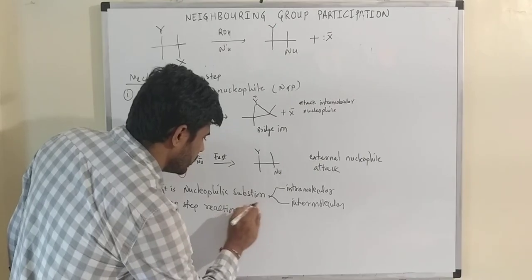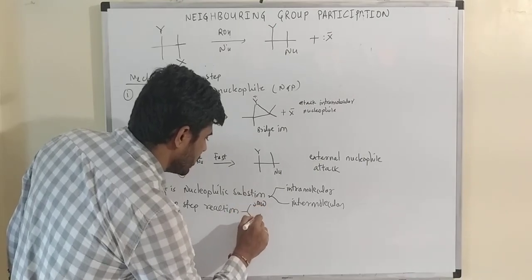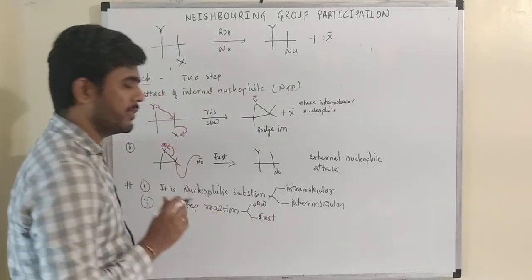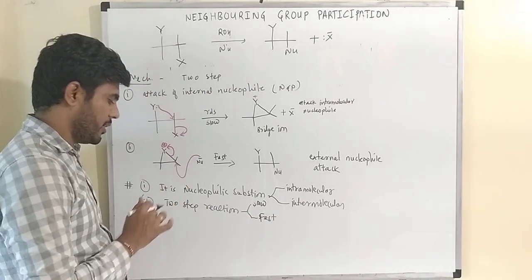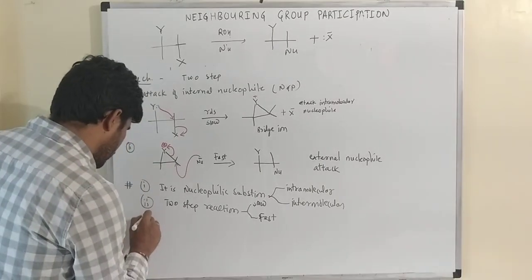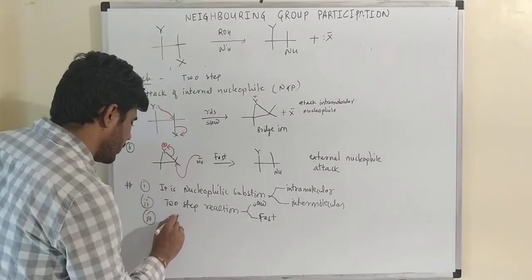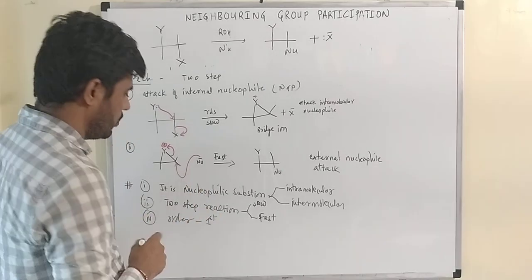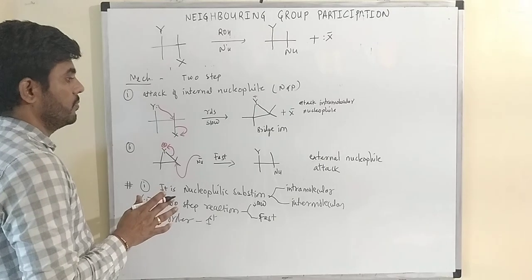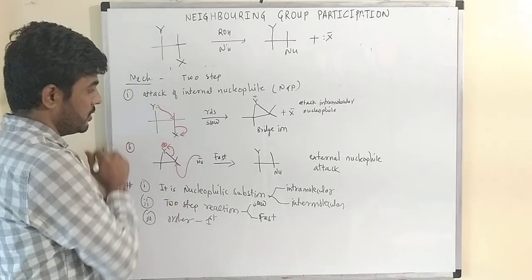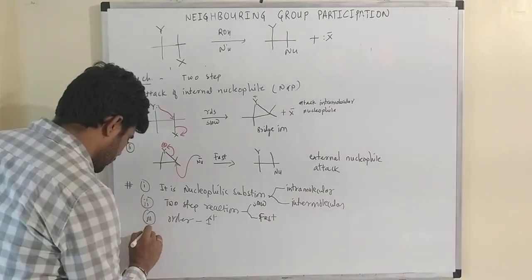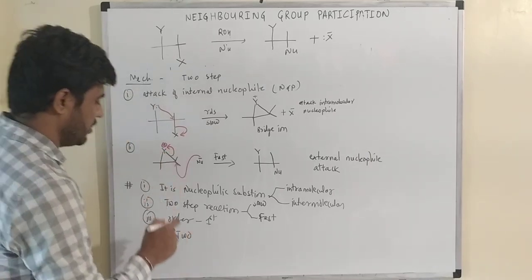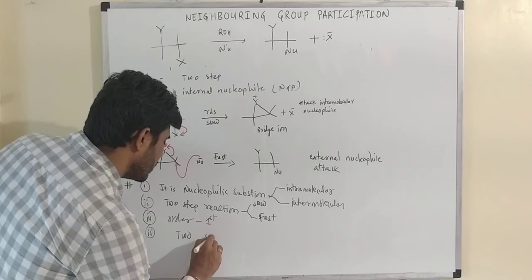From the slow step we can easily determine the rate of reaction. So the third point is that the order of reaction is always first, even though it takes place through a two-step mechanism. Next one is, in this reaction mechanism there are two SN2 reactions.